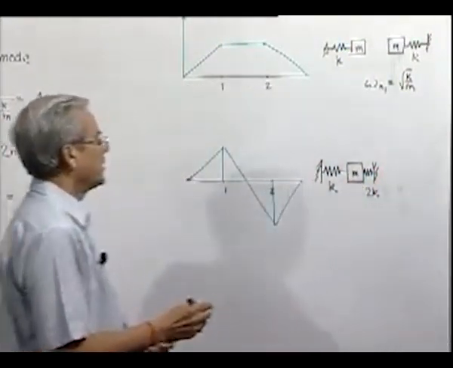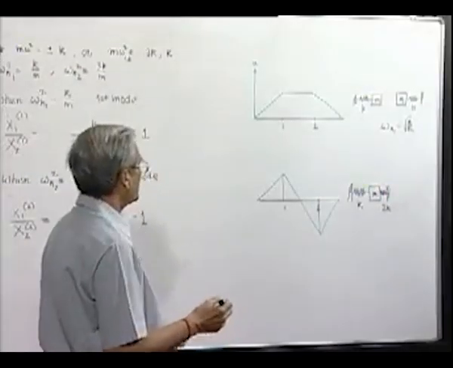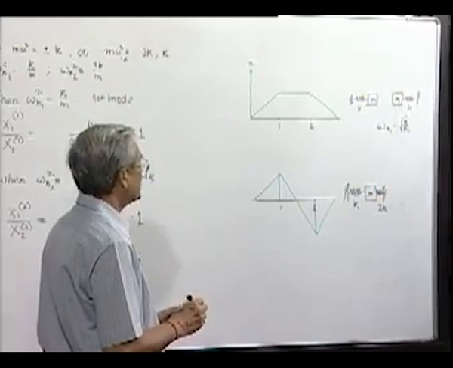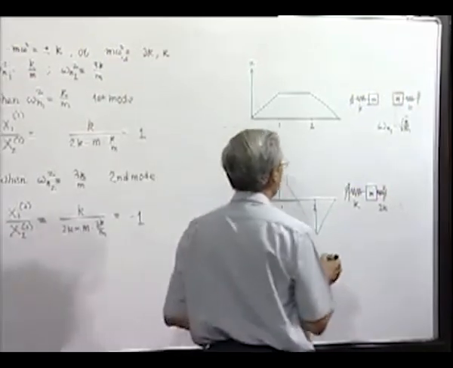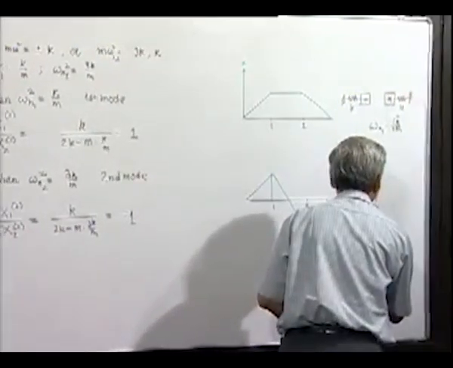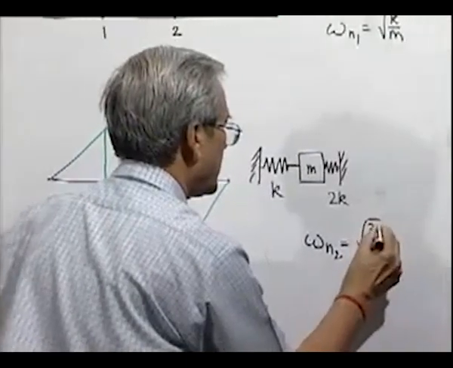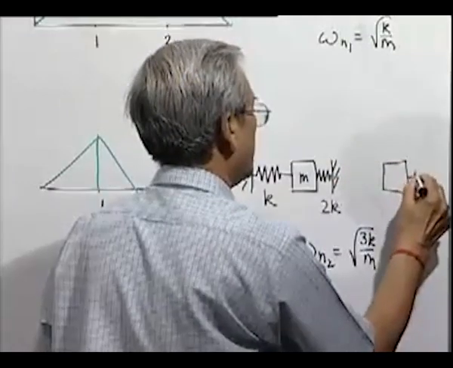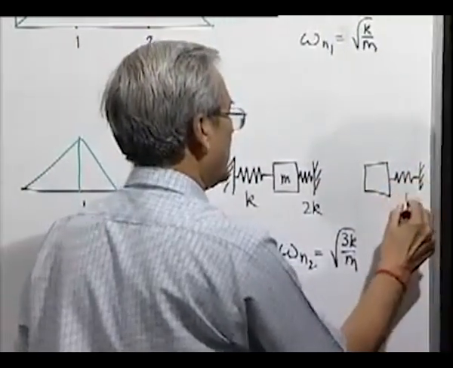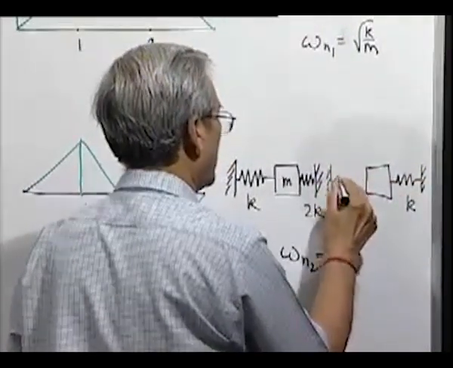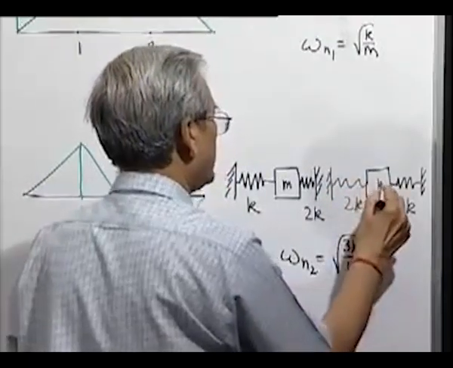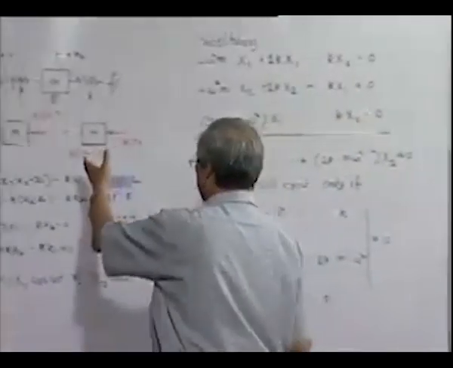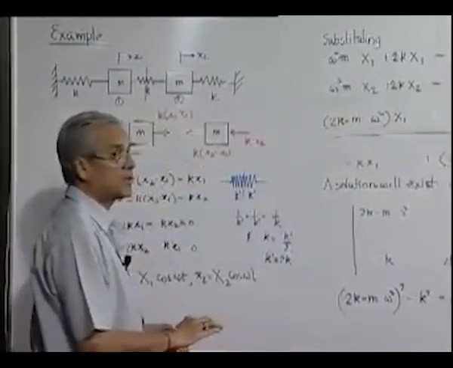So this system is now equivalent to this, which means the total resultant stiffness which the mass has to overcome to move is 3k, and therefore omega n2 is the natural frequency of this system.